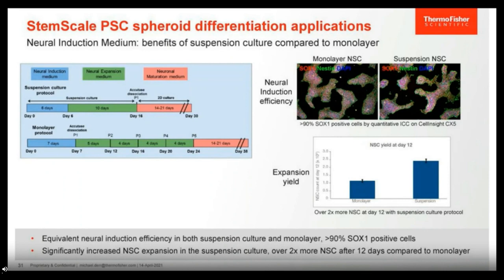So by day 12, you have twice as many NSCs, and this kind of trend continues throughout expansion as you get more and more cells. So there's equivalent induction efficiency and improved expansion in the suspension culture protocol.